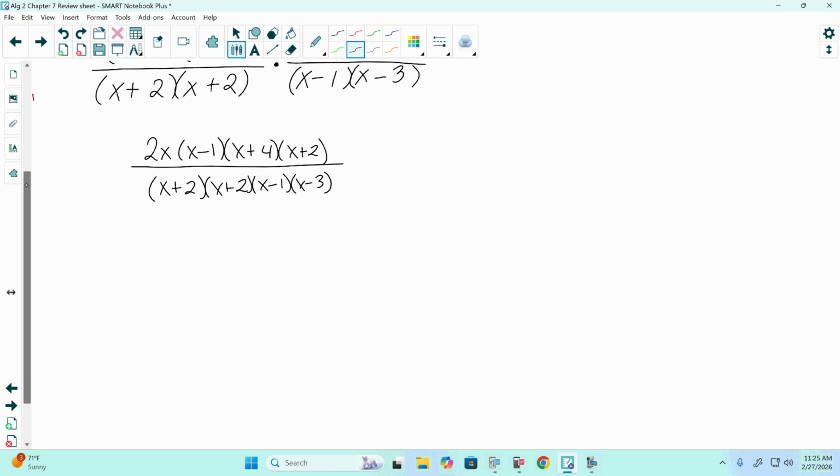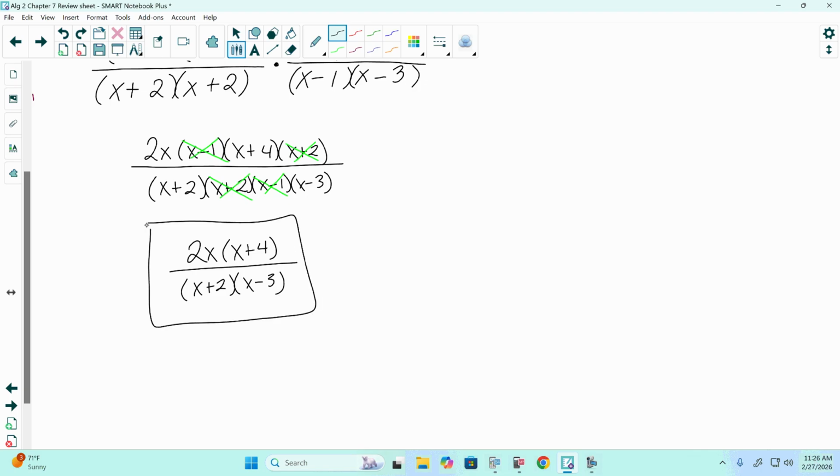And we do have a few things that are going to simplify: the x minus 1 and x minus 1, x plus 2 and x plus 2. And what that leaves us with is 2x times x plus 4 over x plus 2 times x minus 3.